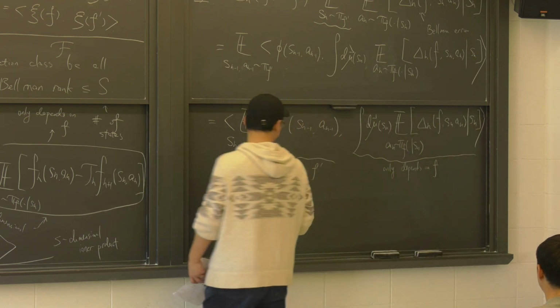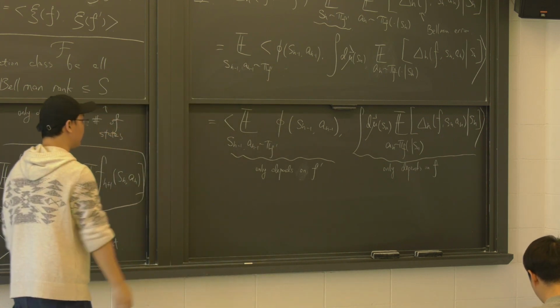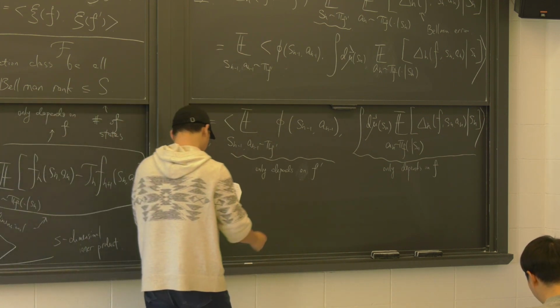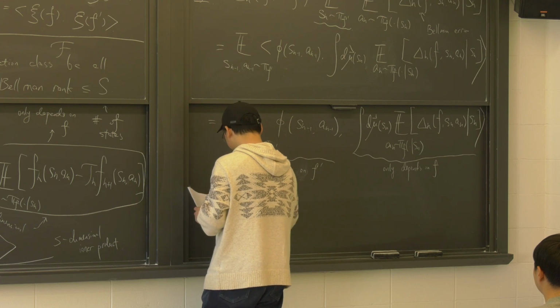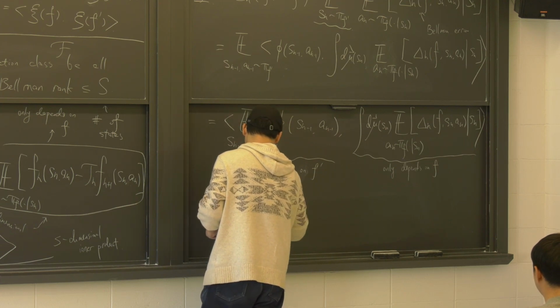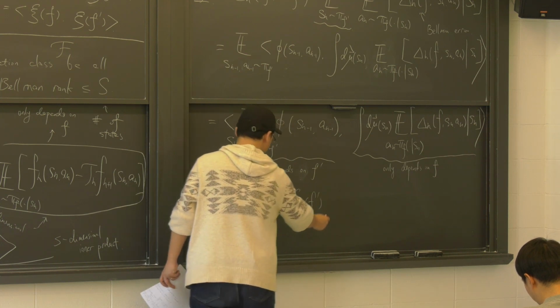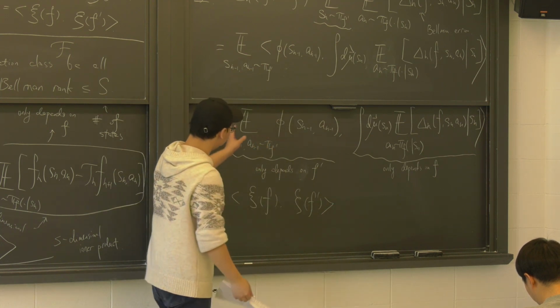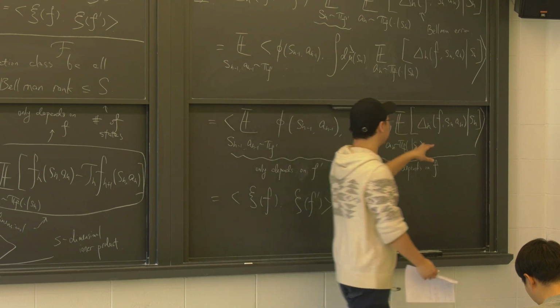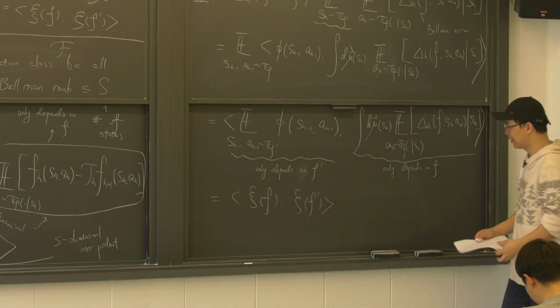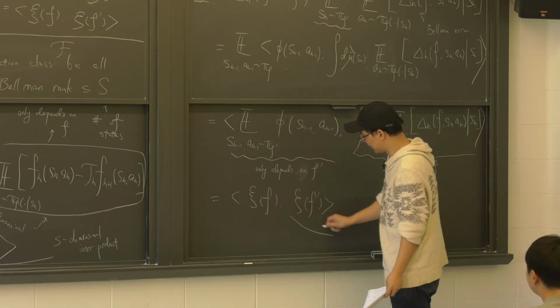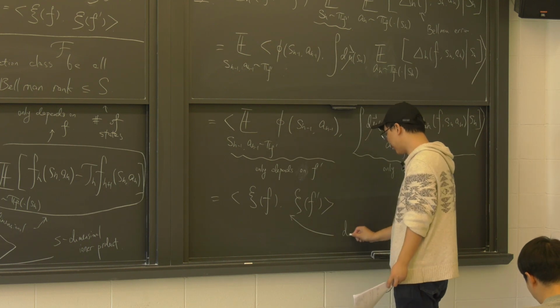So we again achieve this decomposition between these two things. This is equal to c of f inner product with zeta of f prime, where c and zeta are defined here and here. This is a specific construction, and the dimensionality is a d-dimensional inner product.